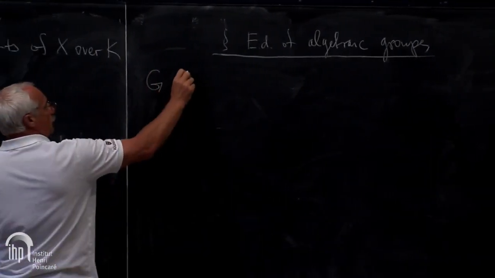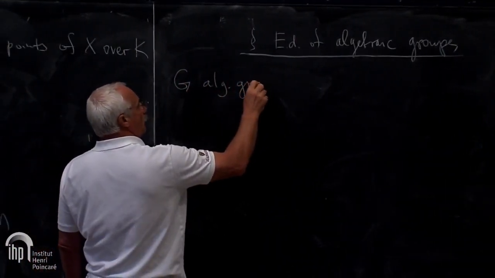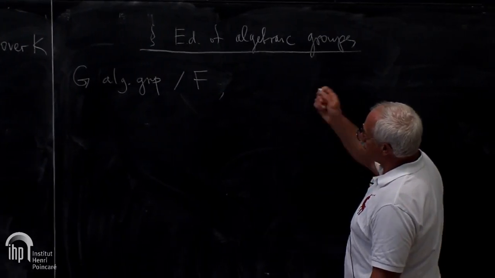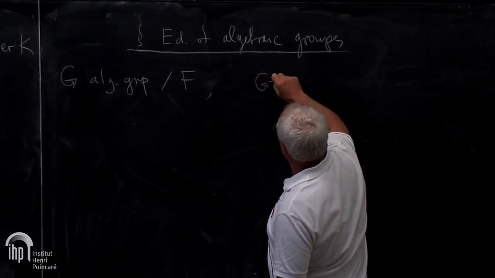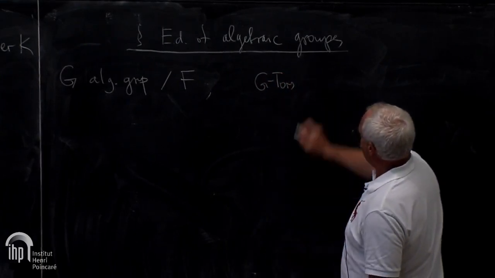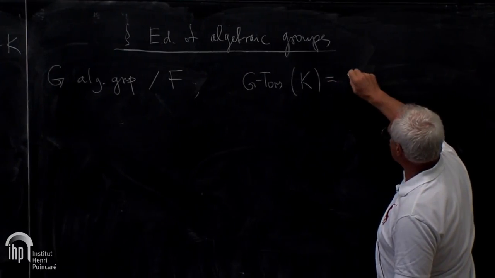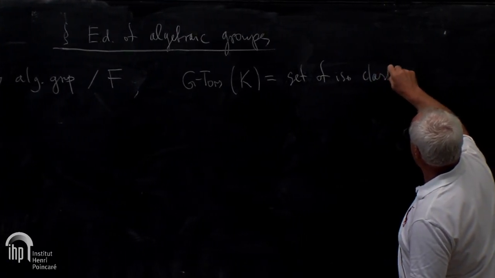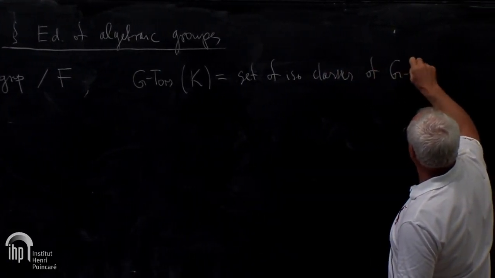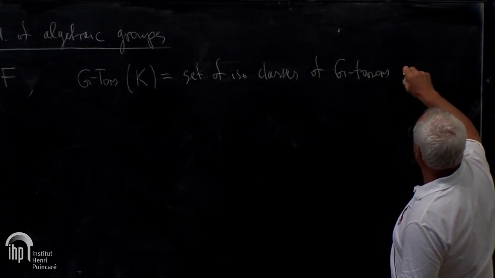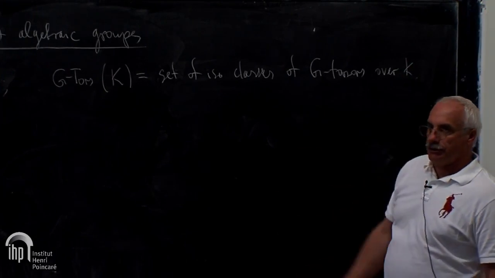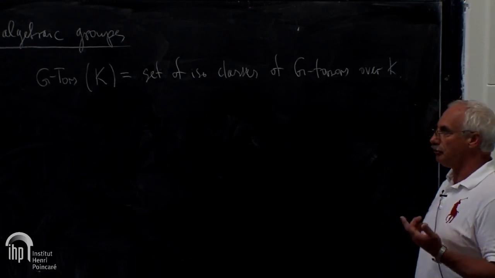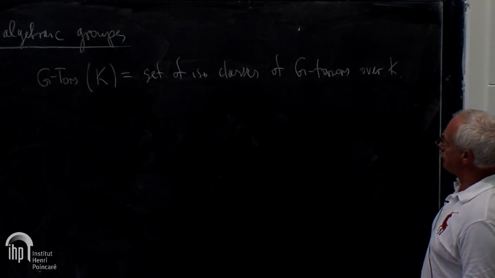Well, G is an algebraic group over a field F. And for the functor, you take the following: G-torsors applied to K is the set of isomorphism classes of G-torsors over K. Another name for a G-torsor is a principal homogeneous space, so G acts simply transitively on such principal homogeneous spaces.